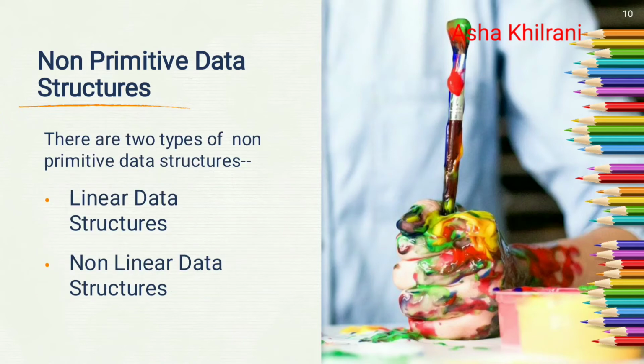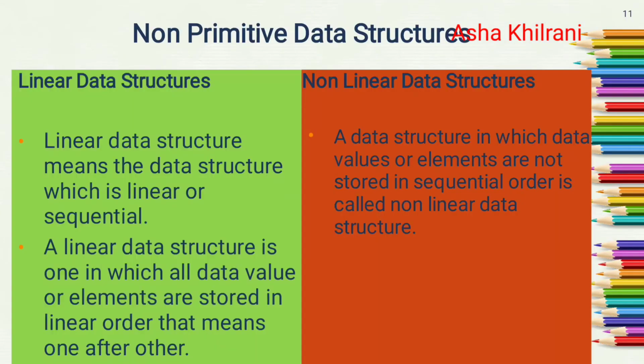There are two types of non-primitive data structures. First is linear data structures and second is non-linear data structures. In this data structures subject, the whole concept is based upon linear and non-linear data structures, so we have to study these topics in detail. What is the difference between linear and non-linear data structures?